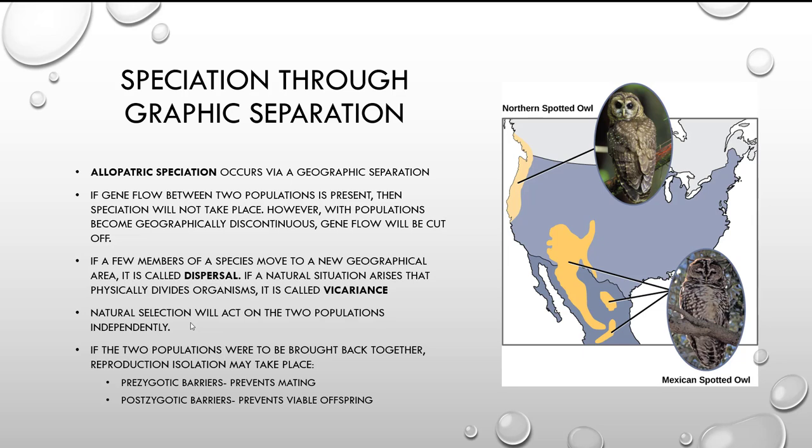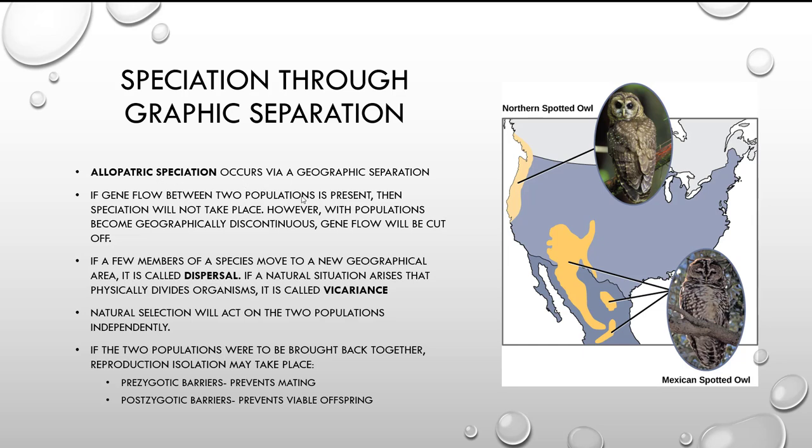And they might become so different from each other that if those two populations suddenly were brought back together and mating does take place, they might not be able to mate, or they might not be able to produce fertile offspring. So in that case, they are now two distinct species. Okay, so speciation has taken place in that case.